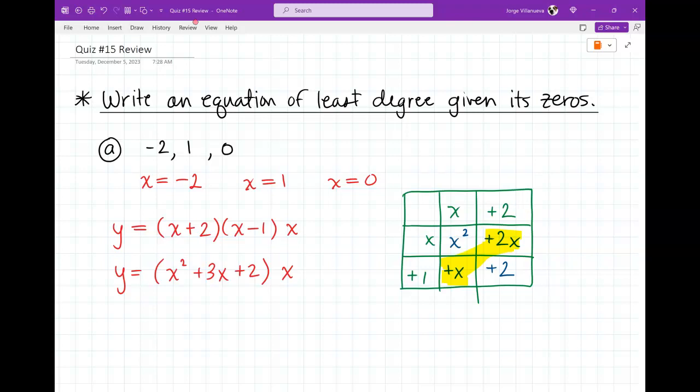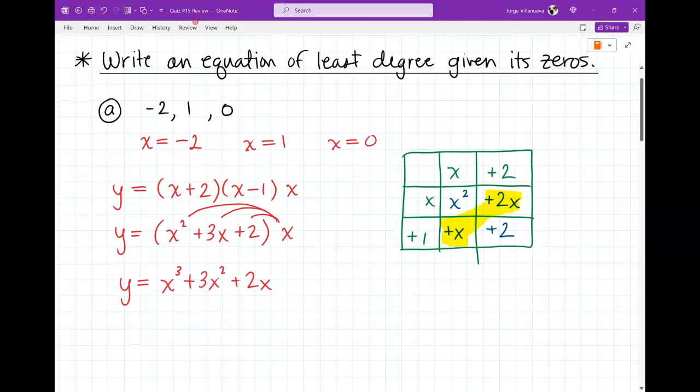This is the box method for this one. Now just multiply the x and then you're done. So you're going to distribute the x. I wouldn't recommend the box method for this. This is easy enough to just throw them back in. So y is equal to x cubed plus 3x squared plus 2x, and you're done.